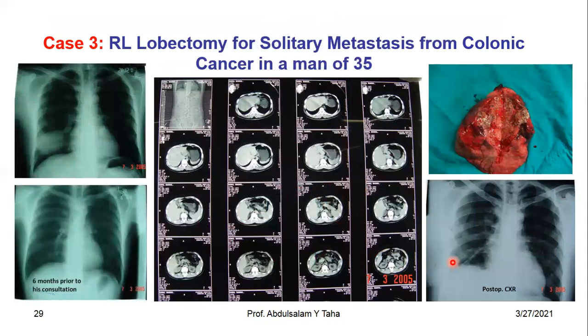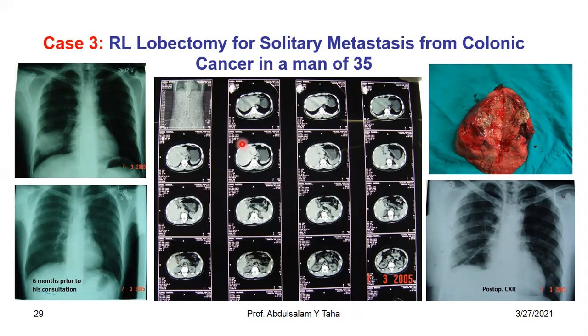The third case was a right lower lobectomy for solitary metastasis from colonic cancer in a man of 35. So that was a 35 years old man, a known case of carcinoma of the colon managed by right hemicolectomy, who presented with an opacity in the right lower zone, and an X-ray performed 6 months earlier was normal.